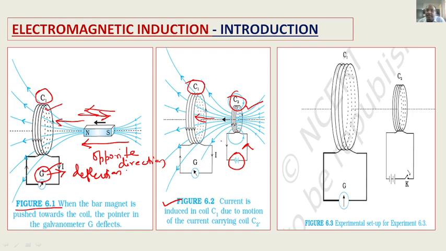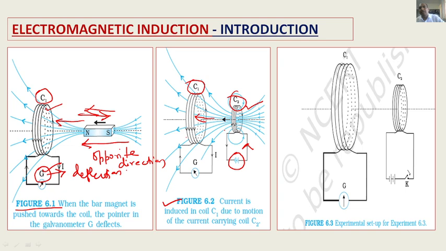The main thing here is, if the coil C2 is kept stationary, even if the current is flowing in coil C2, no deflection is observed in the galvanometer connected with coil C1. The deflection is observed only when the coil C2 is moved towards the coil C1 at some speed.